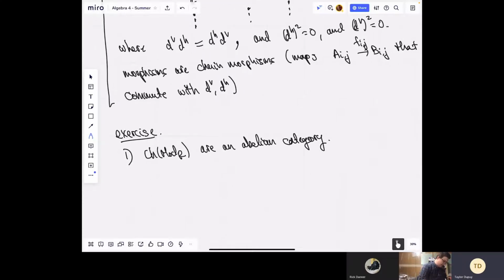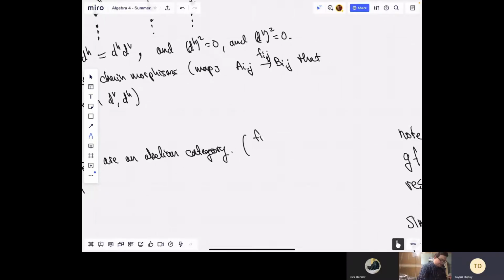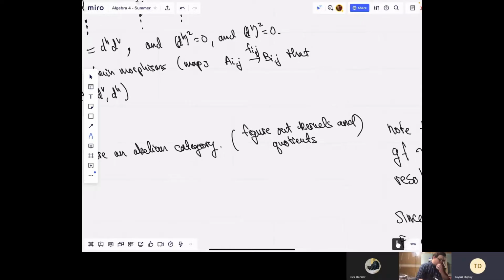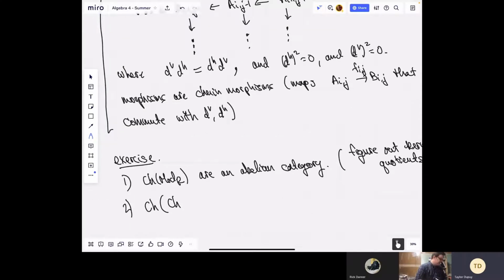So you have to figure out what the kernels are and what the quotients are. The exercise here is to figure out kernels and quotients. What are you allowed to mod out by? The things you're allowed to mod out by are the things where the maps work. So this is the usual chain complexes.